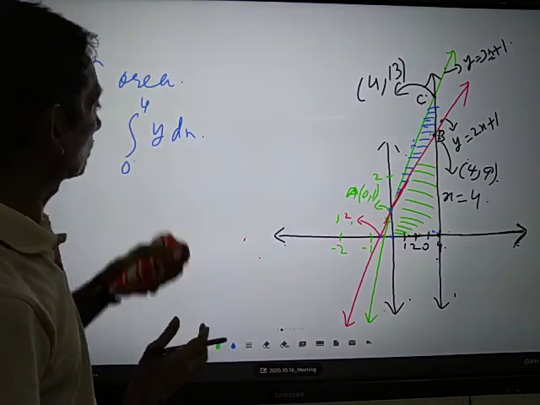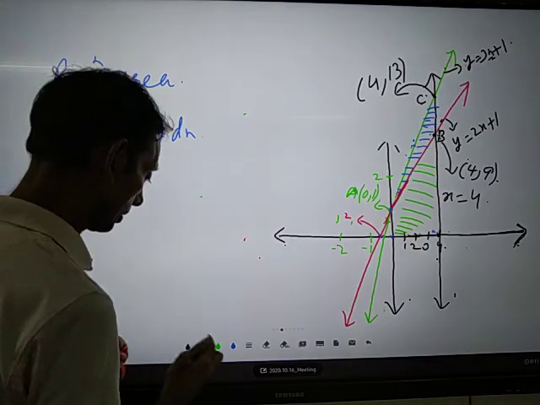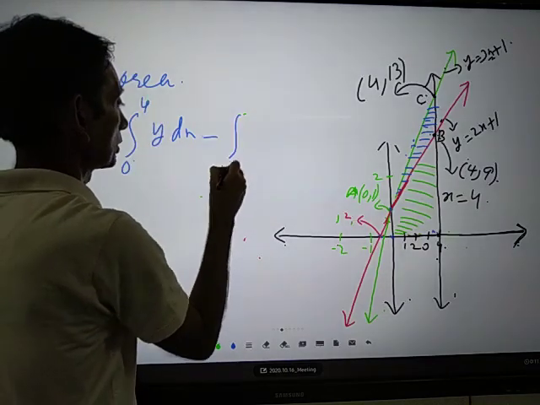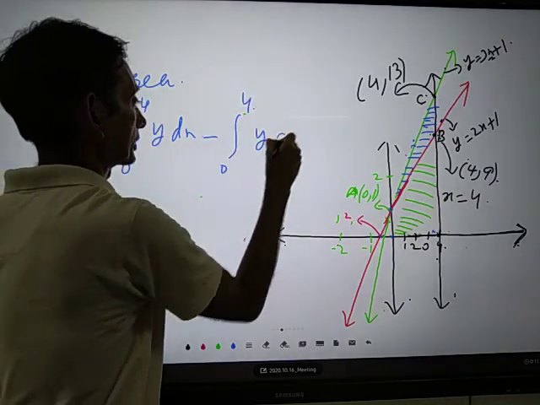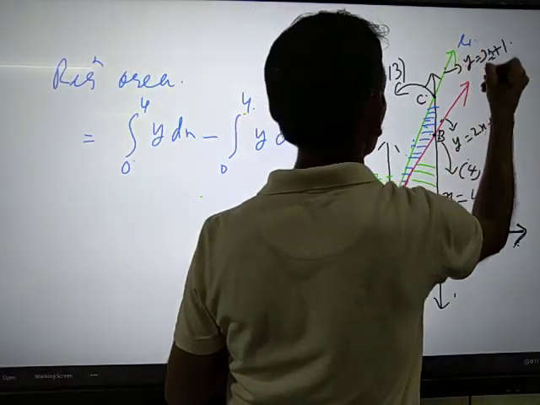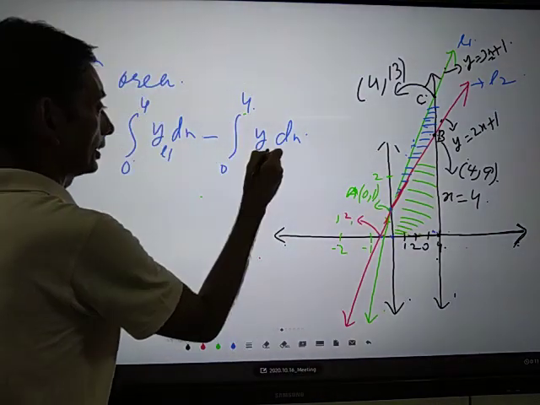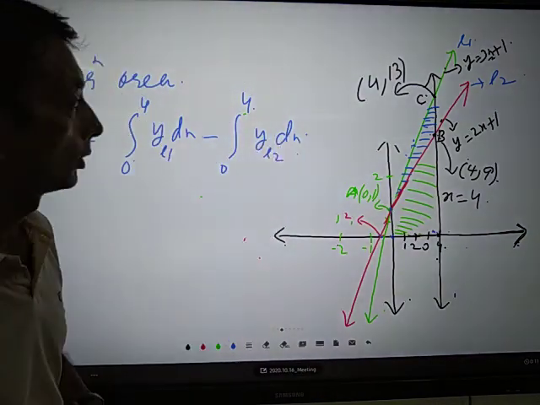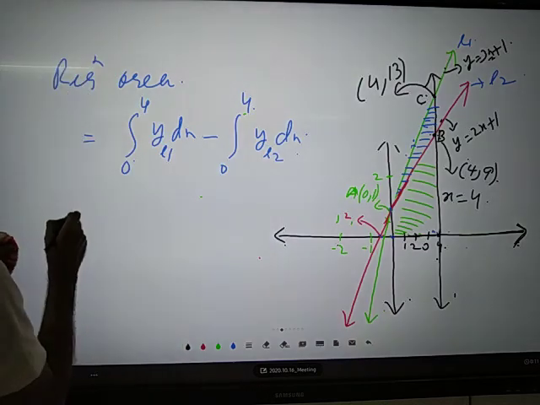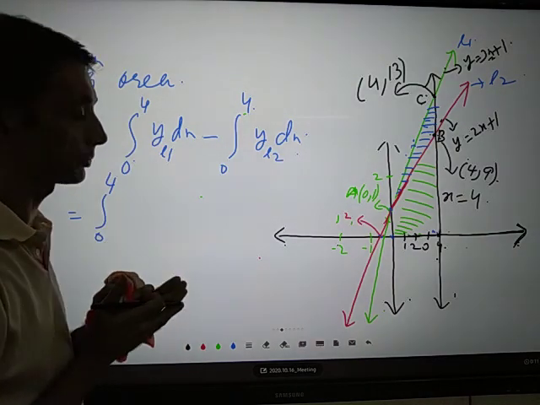So we take the integral from 0 to 4 of y dx, minus the integral from 0 to 4 of y dx, using the same colors. Mark this as line 1 and this as line 2. The integration is very simple.